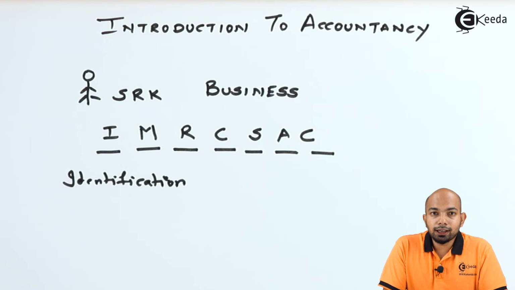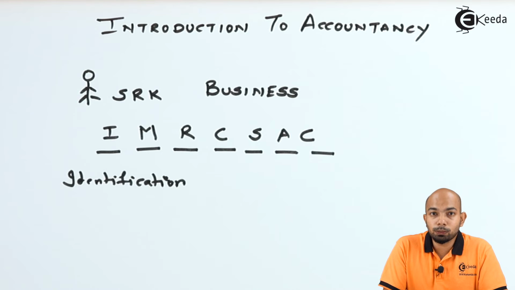So in order to understand any accounting process, you need to first understand whether that transaction is a financial transaction or not. So now that you have identified that selling of goods and buying of goods by SRK for his own business is a financial transaction, that's when you have classified that transaction to be a financial transaction here. And the bill that he paid for his personal use, that is the electricity bill, cannot be classified as a business transaction. Hence, we have excluded that transaction and it doesn't persist any kind of financial transactions in it.